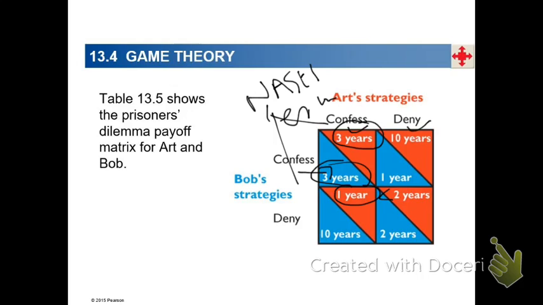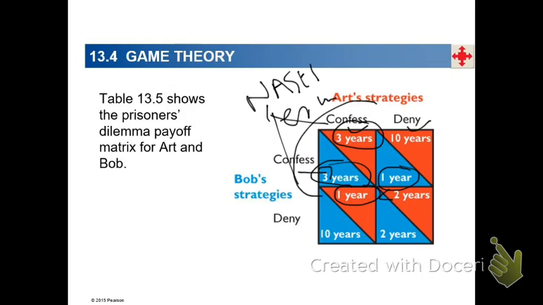But if Art confesses, you should see that Bob confesses as well. But if Art denies, it is better for Bob to confess, right? Because by confessing while Art is denying, Bob can really get 1 year of conviction.